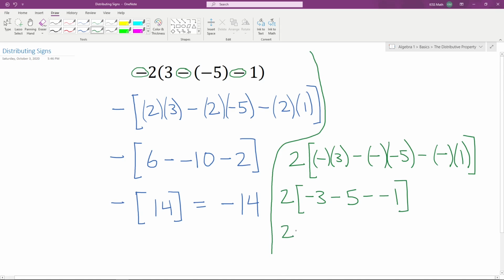And so we would have 2 times negative 3 minus 5 is negative 8, minus a minus 1 is the same thing as plus 1, so we'd have negative 8 plus 1 is negative 7. And if we finally multiply that by 2, we get negative 14, which is the same answer we got when we distributed just the 2 and kept the minus sign outside.